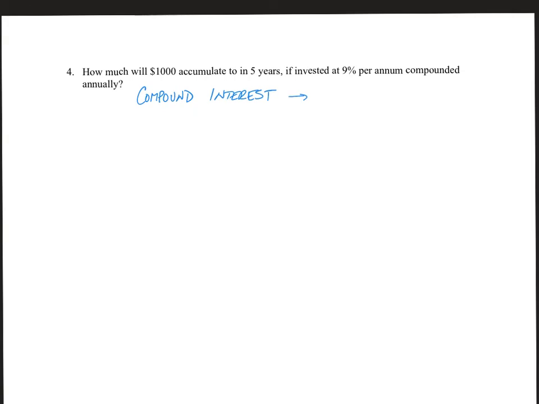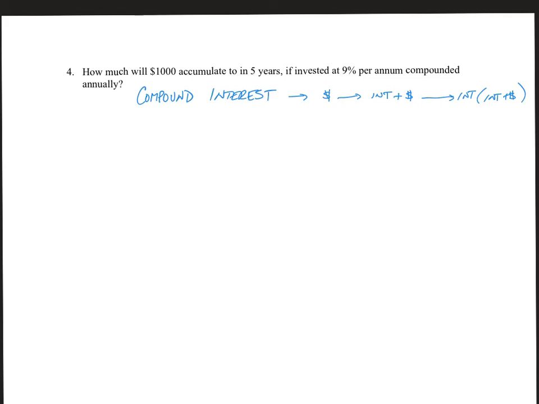Your bank account would be a starting amount, and then you earn interest over time. But that interest gets added into that starting amount, and over the next period of time, you earn interest on your interest. And that's where that term compounding comes into play. Your interest is going to get compounded on top of itself over time.